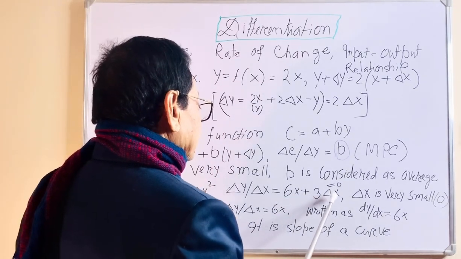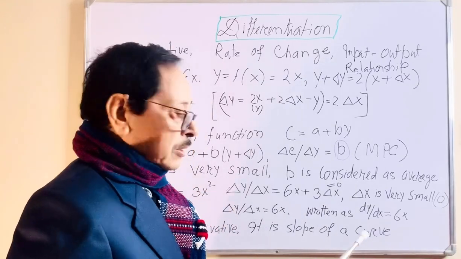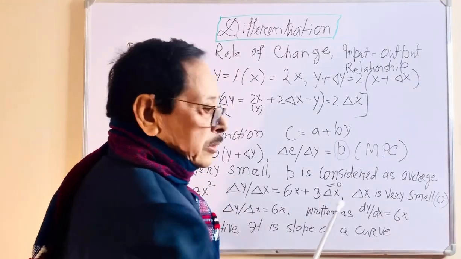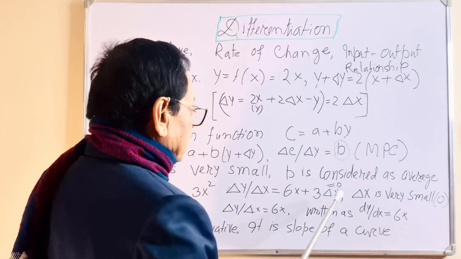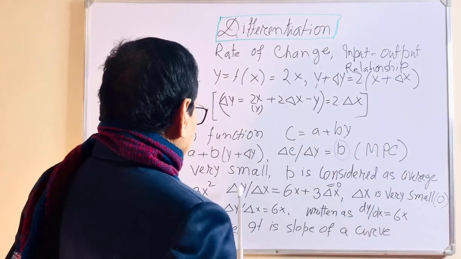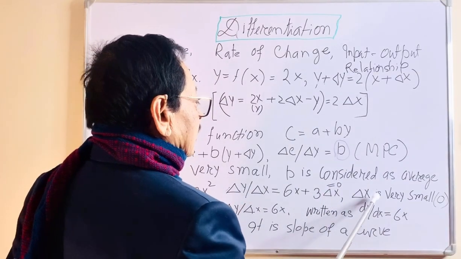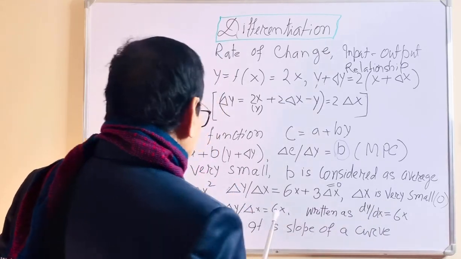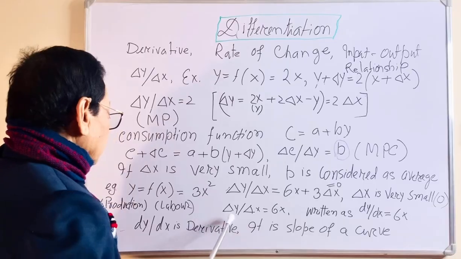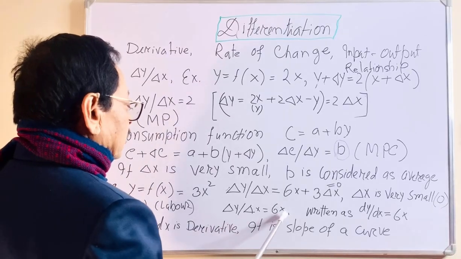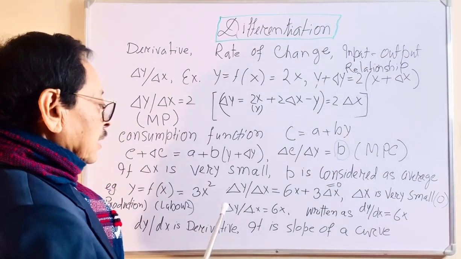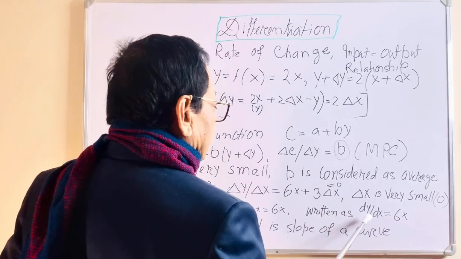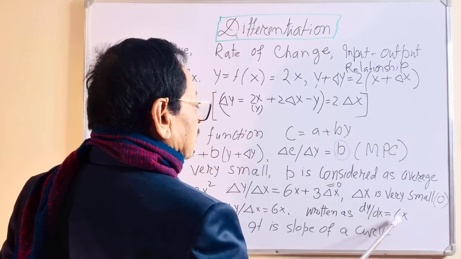Now when delta X is very, very small, tending to 0, then delta Y by delta X is equal to 6x. So it is written as dy by dx is equal to 6x.